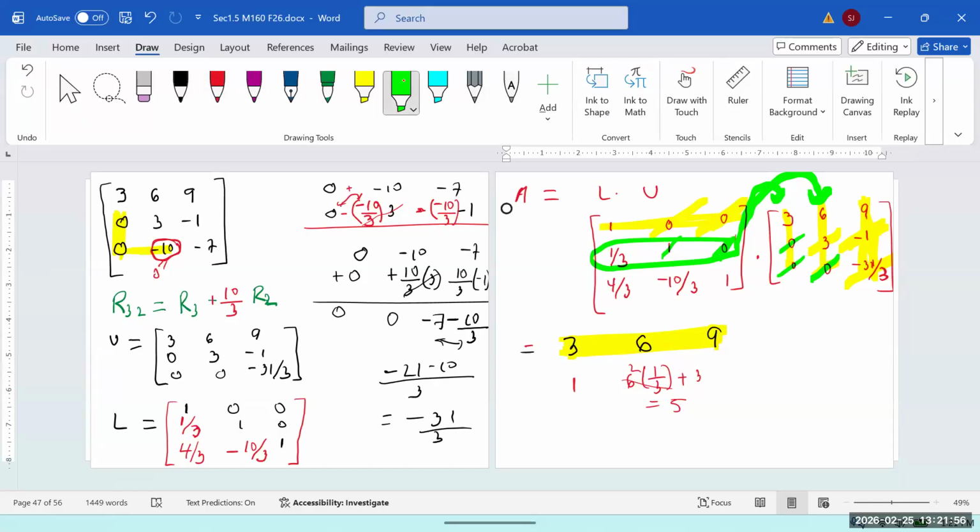And then we multiply our third column. In this third column, only the 0 cancels with this one, and we're left with 1/3 of 9 plus 1 times negative 1.